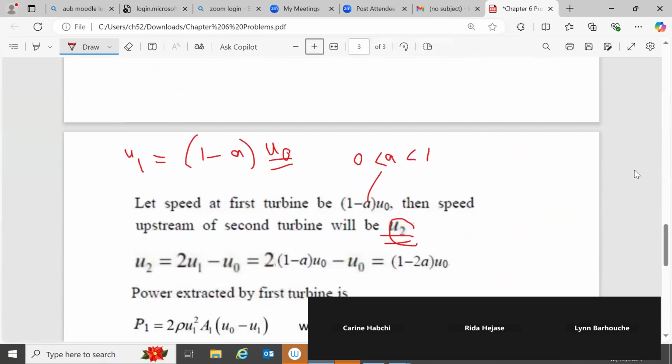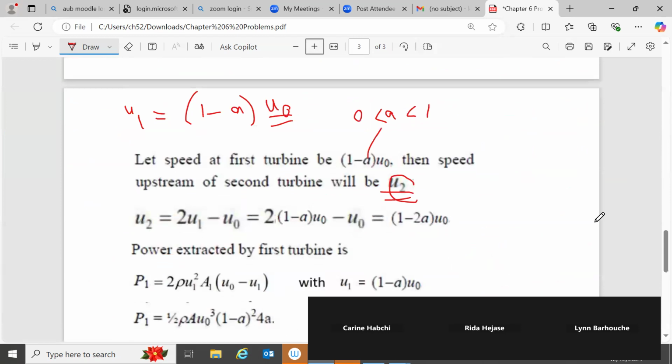I can say for turbine 1, they didn't say that turbine 1 is operating at maximum coefficient of performance. Okay? That's why I will define factor A. And I will say the power extracted by first turbine, as we derived together, is equal to 2 rho U1 square A1 times (U0 minus U1). Where did CP go?